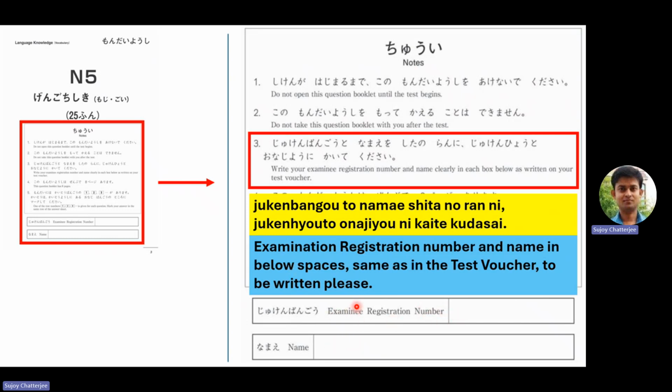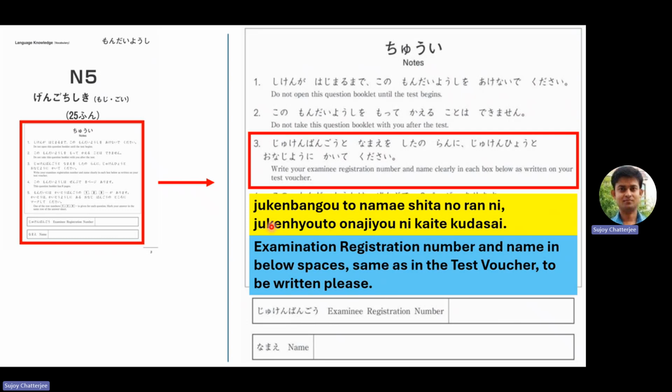That means they are asking you to write this here, but how? Juken hyo to onaji yo ni kaite kudasai. So onaji means same. Kaite kudasai means to be written. Kaite is again the kakimasu, you know already, to write. This is the verb for kakimasu. So this is the te form, kaite kudasai, because we use the te form when we use it with kudasai. So same as in test voucher. Juken hyo means the test voucher.